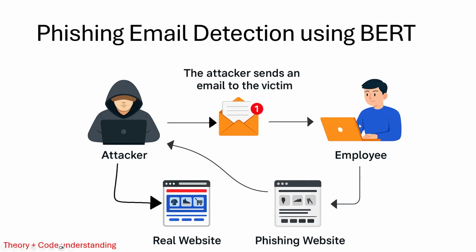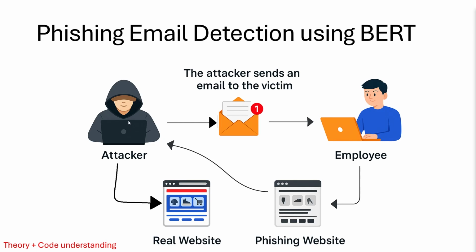Now the link in the email leads to a fake phishing website that looks like a trusted site. It can be a login page, a shopping site, anything, where a victim can enter sensitive information like login credentials. After entering the credentials there, the website sends the stolen data back to the attacker.